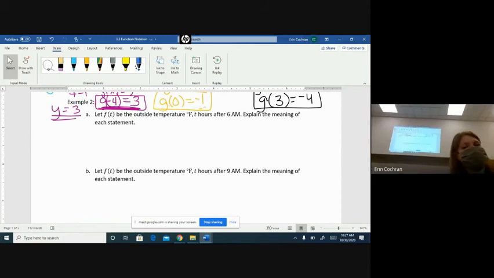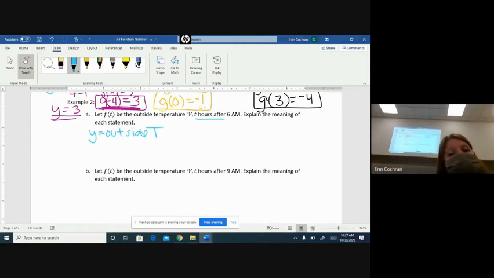What's F of T mean again? Y. All right. So my Y represents the outside temp. Okay. T hours after 6 a.m. So my X, which is T, is what? Hours after 6 a.m. So let me ask you, if my X is 5, what time is it?